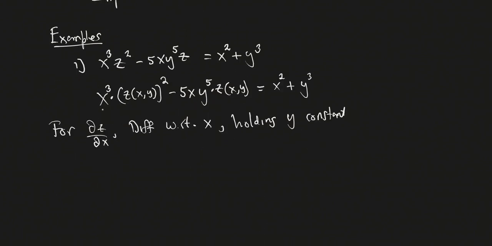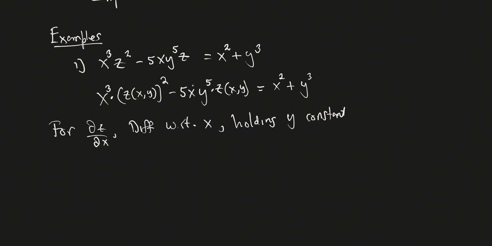So let's see, what are we going to need here? We're going to need the product rule because we have a function of x here, so that's x cubed. But then we have another function of x here, because remember z depends on x, and that's being squared. So we're going to need the product and the chain rules. Similarly here, the y is being kept a constant, so that's fine. We can bring that down.